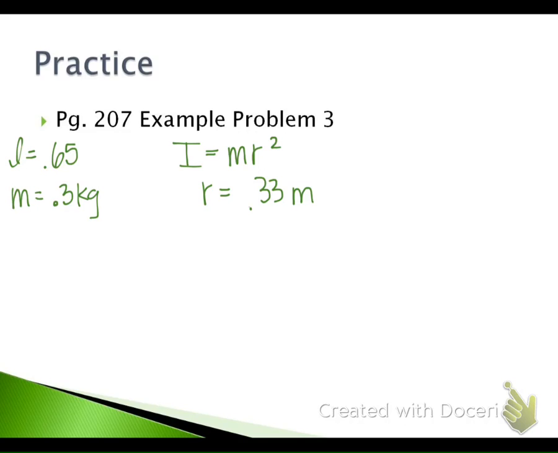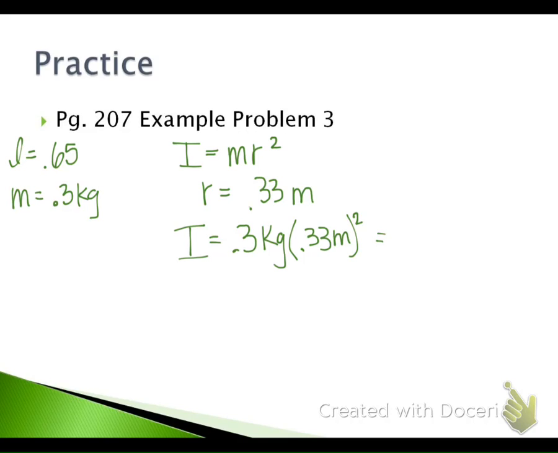So when we're finding the moment of inertia of one of those masses on the end of this rod, we're going to take the mass, which is equal to 0.3 kilograms, times the radius, or the distance from the middle point to that mass, which is 0.33 meters, and we square that. Remember, because it's I equals m times r squared.